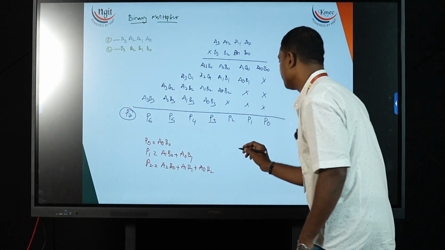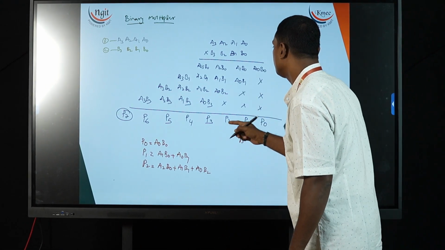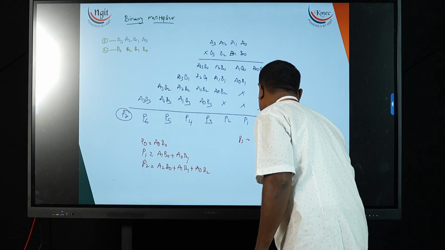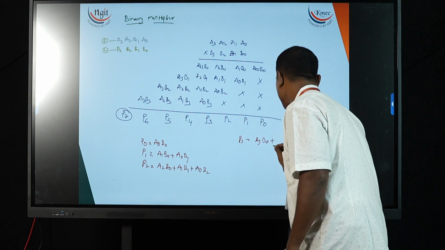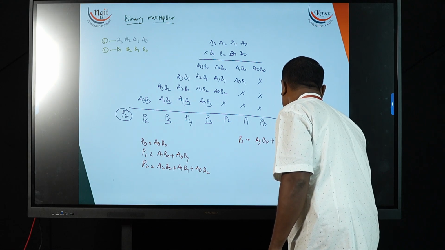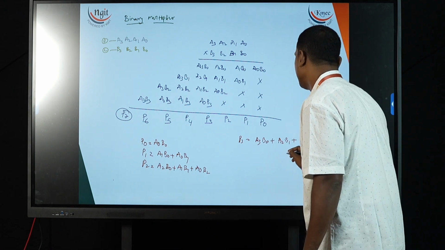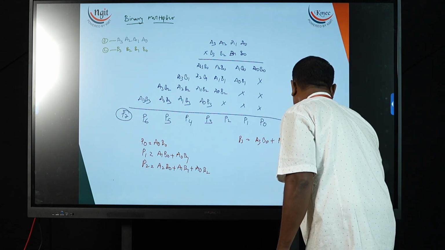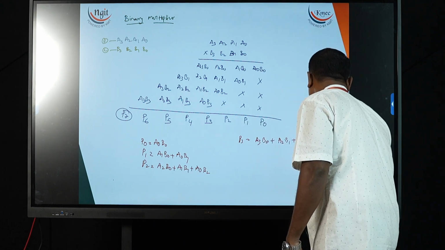Coming to P3, it can be represented as A3 B0 plus A2 B1 plus A1 B2 plus A0 B3.